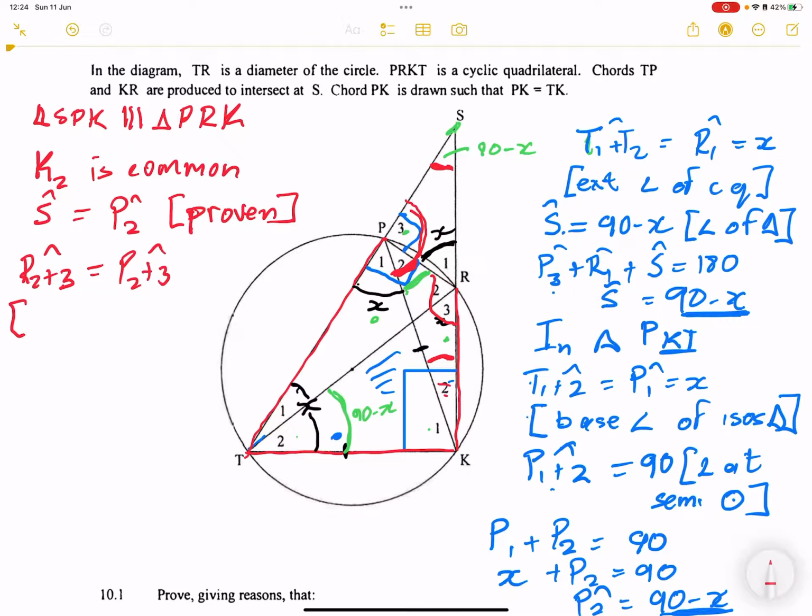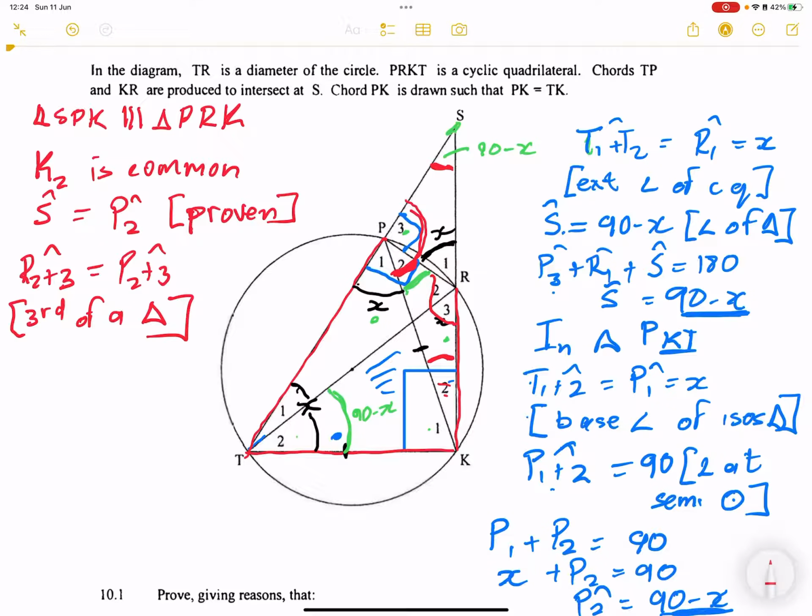Why? This is the third angle of a triangle, or you can say sum of angles on a triangle. So it holds, if the two angles are equal, then automatically it makes the third one equal, because the sum of angles of a triangle are both equal to 180.